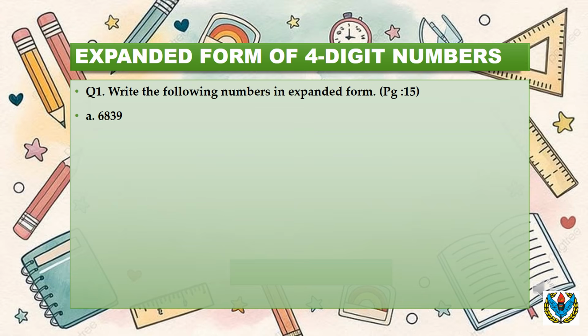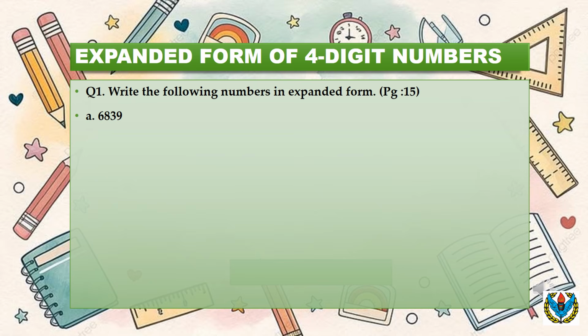Now coming to the topic of expanded form of 4 and 5 digit numbers. So dear mathematicians, open your book, page number 15, question number 1. Write the following numbers in expanded form. We are going to take part A for discussion, which is 6839. So as you can see, it is a 4-digit number.